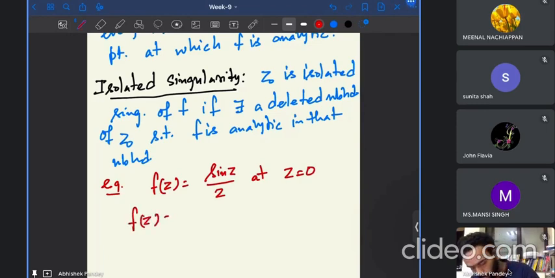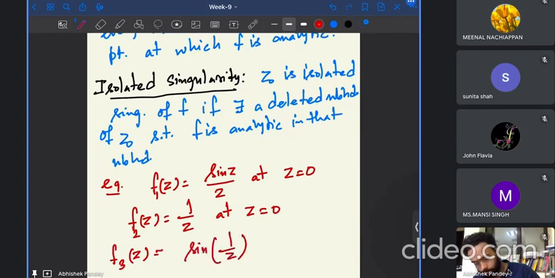Let f2 of z be 1 by z, so at z equals 0, this is again an isolated singularity, or take f3 of z as sine of 1 by z at z equals 0. This is again isolated. So a singularity means at that point f is not analytic, but in every neighborhood of that point there is some point at which f is analytic.